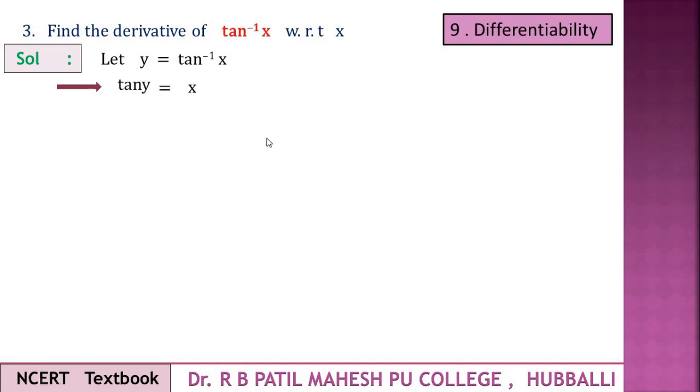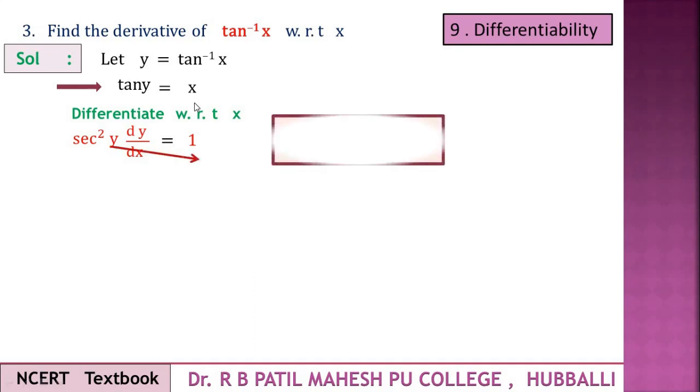Differentiate this equation and you get: the derivative of tan y is secant square y into dy by dx, equal to the derivative of x, which is 1. To get dy by dx, transfer this product to the right side. dy by dx is equal to 1 divided by secant square y.